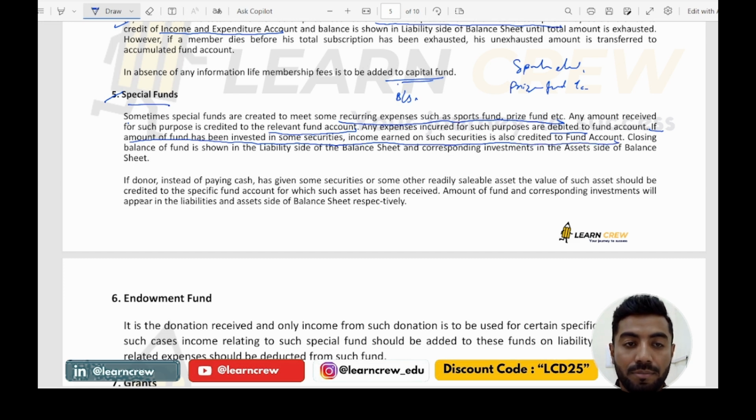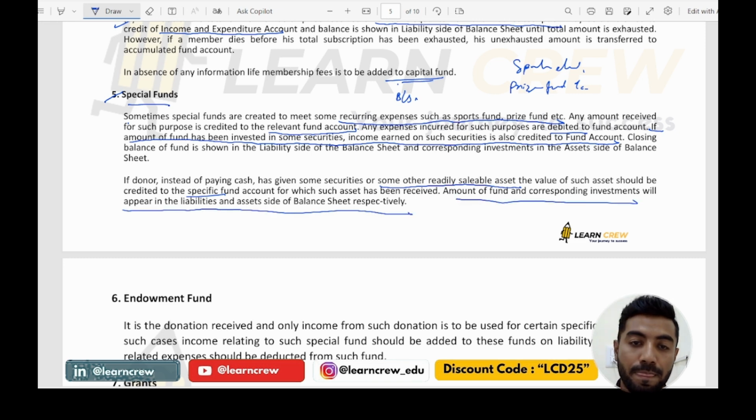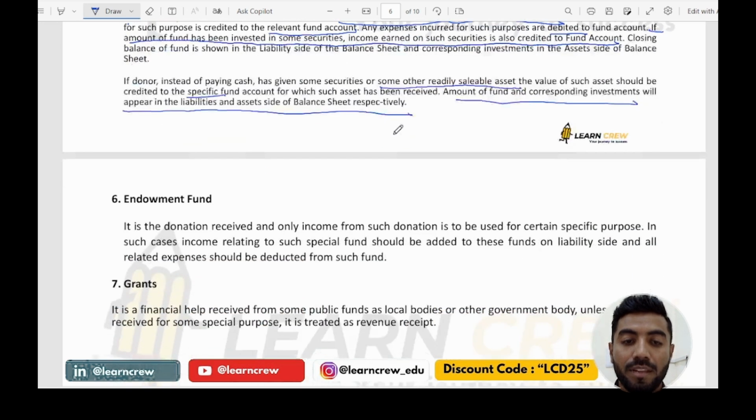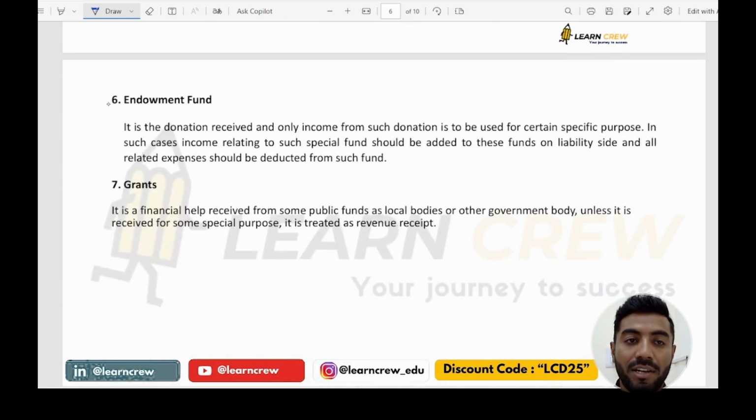If a donor, instead of paying cash, has given some securities or some other readily saleable asset, the value of such asset will be credited to the specific fund account, and the asset value will also be shown in the balance sheet on the asset side. The fund and the corresponding investment will appear on the liability side and asset side of the balance sheet respectively.